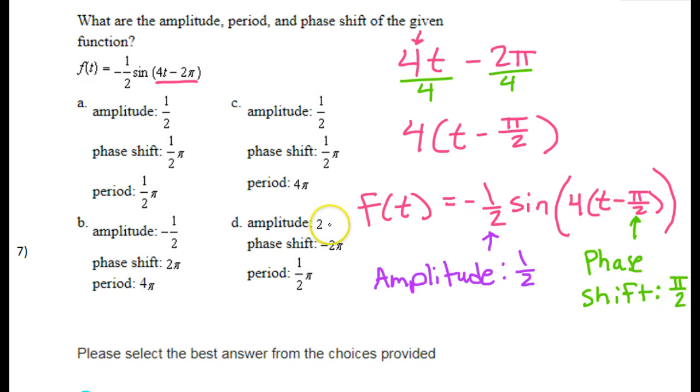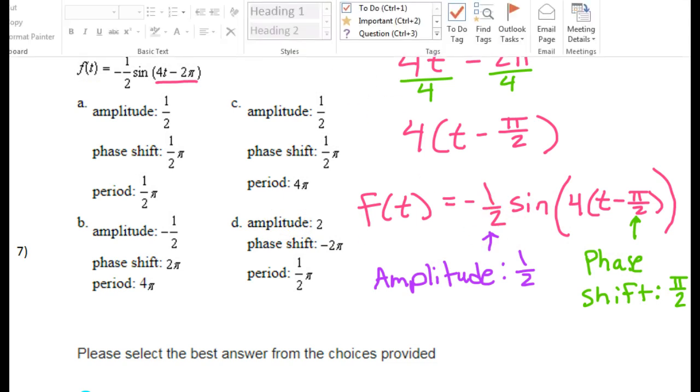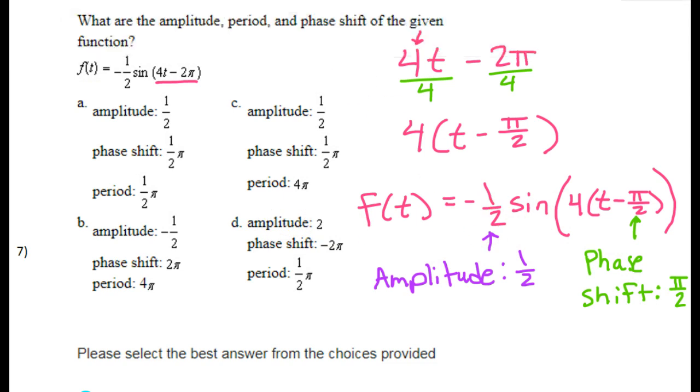So finally we need the period. For the period, we can always calculate the period of a sine function by doing 2 pi divided by the b value. And the b value is this 4 right here.